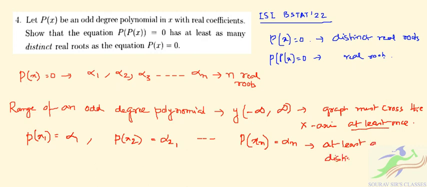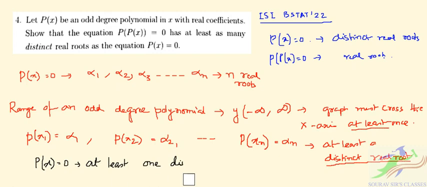The crossing may occur at multiple places, but at least it has a distinct real root. So this shows that the equation P(x) = 0 will have at least one real root.